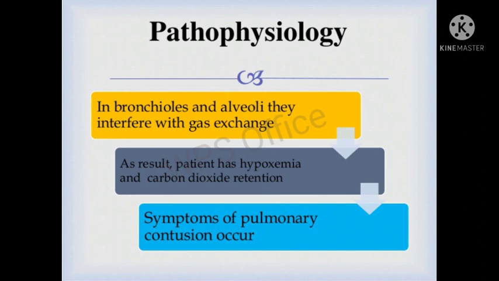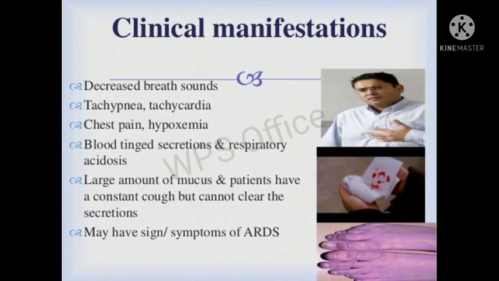The normal passage of oxygen and carbon dioxide will not happen properly. As a result, the patient will have hypoxemia and carbon dioxide retention. There will be loss of oxygen in the blood, and carbon dioxide will be retained inside the lungs. So it will cause the symptoms of pulmonary contusion.